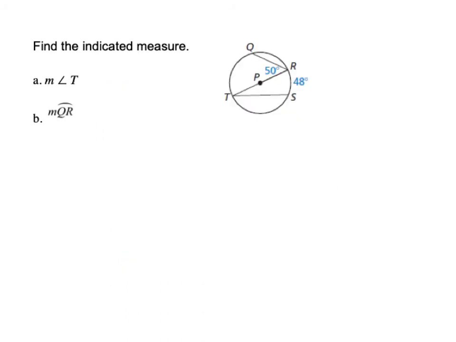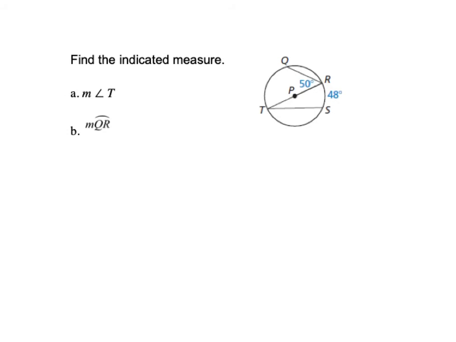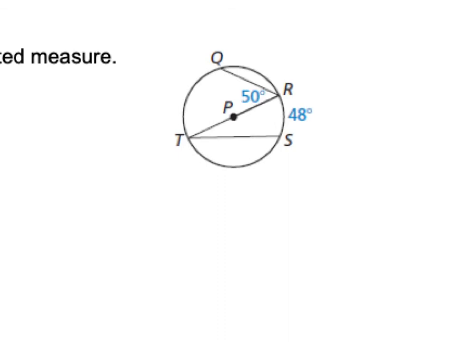Okay, so here I have a circle with some chords in it, and it asks us to find the measure of an angle and the measure of an arc. Part A asks for the measure of angle T. So I want to find angle T. That would be this angle right here. I know that the arc that it intercepts is 48 degrees.